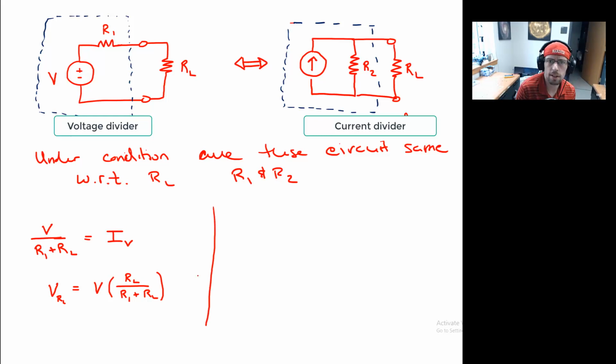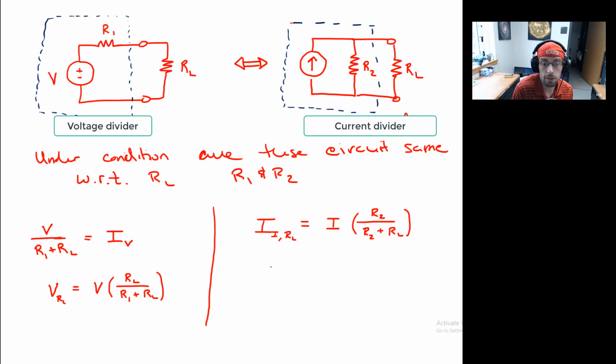And again, we want the same two ideas. Here we realize that we have a current divider, and so we know that the current flowing through RL is equal to the initial current, I'll call it I, times R2 over R2 plus RL.